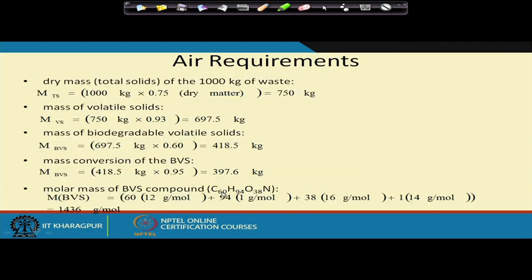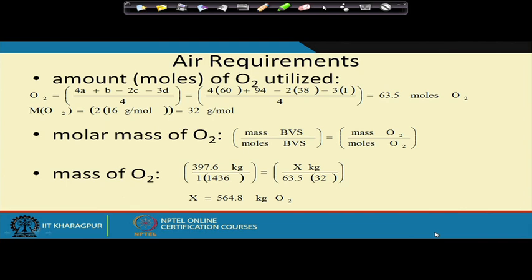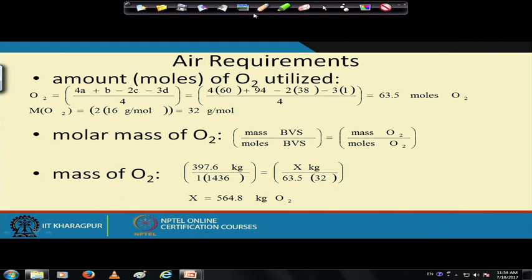a, b, c, d are coming from your formula CaHbOcNd, and that's how we defined it in the previous equation.